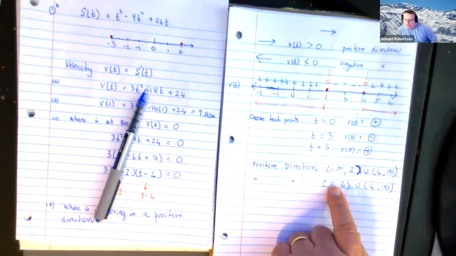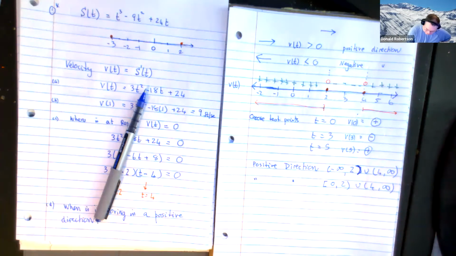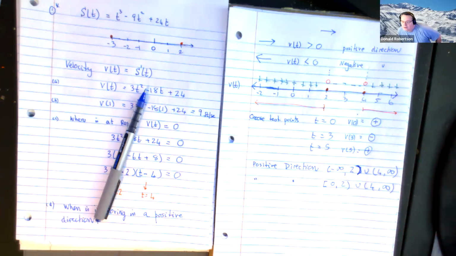Why am I starting at 0 and not traveling all the way to negative infinity? Because I could actually. And in some questions I would. But why in this one am I starting at 0? Any suggestions? So it's not to do with maths, it's to do with common sense.